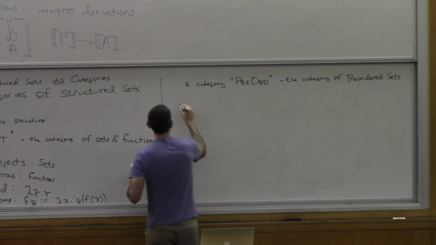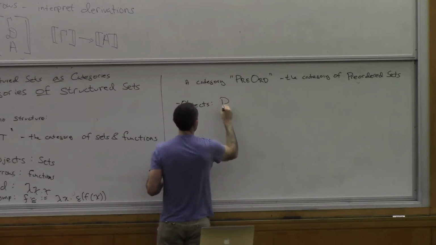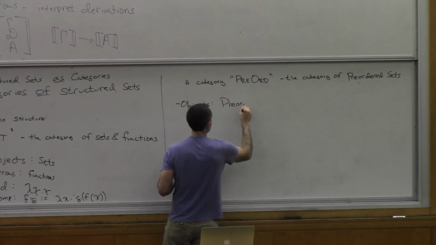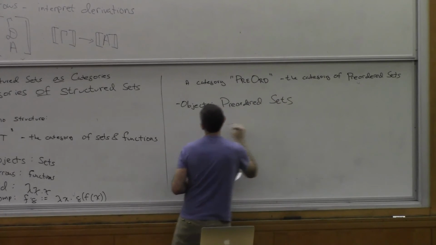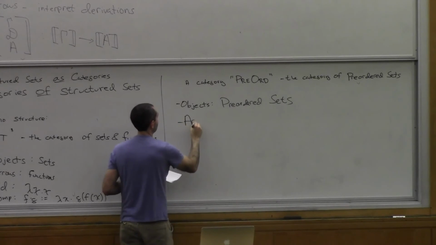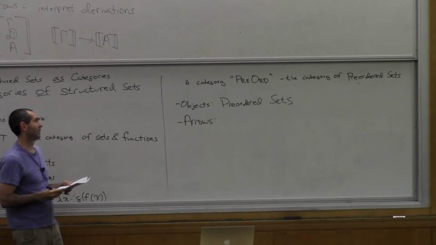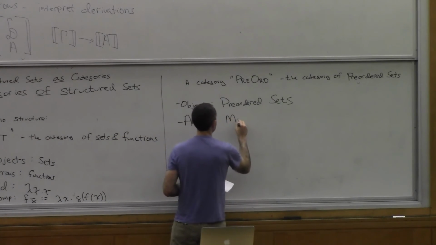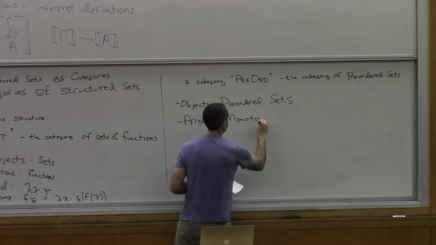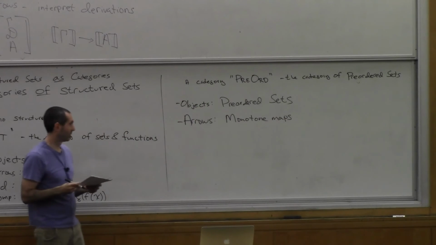So I have to tell you what the objects are. No surprise, they're the pre-ordered sets. Arrows. So there have to be some kind of function because your sets are sets, and they have to preserve the order. These things are typically called monotone maps, but they're order-preserving functions.